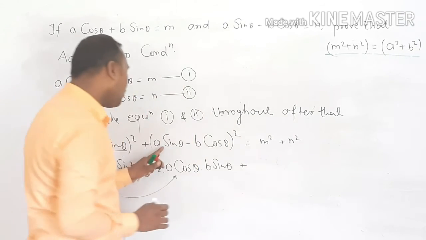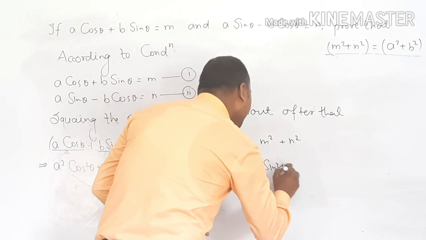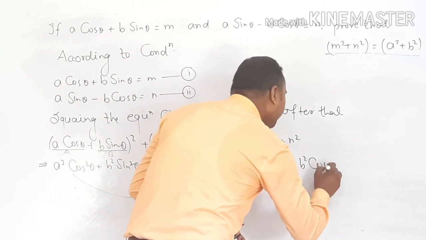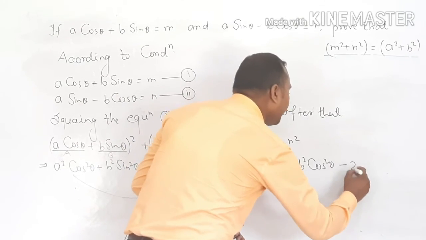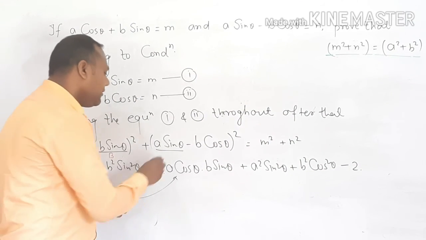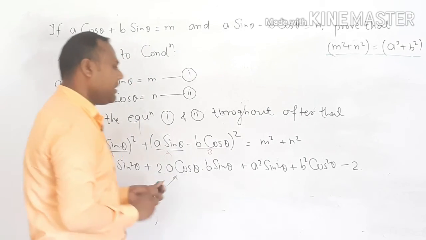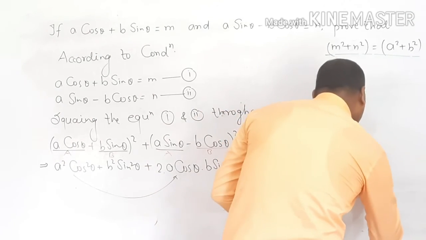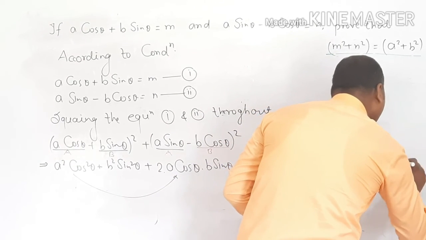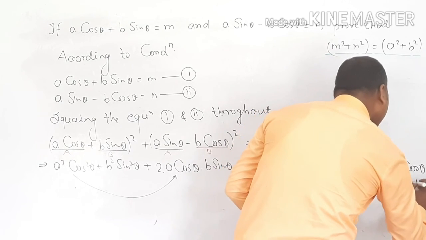Same as we can also expand it, a square sin square theta plus b square cos square theta minus twice of the first term, a sin theta, and the second part, b cos theta, that means twice of a sin theta into b cos theta, and equal to m square plus n square.